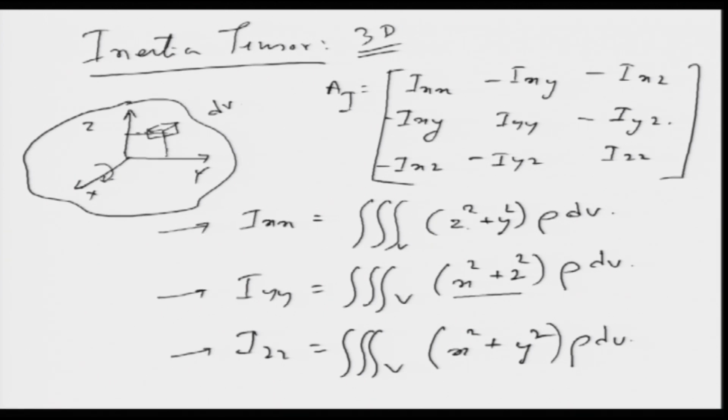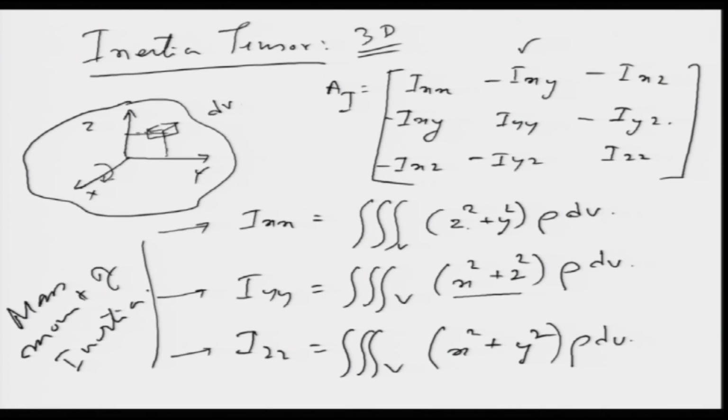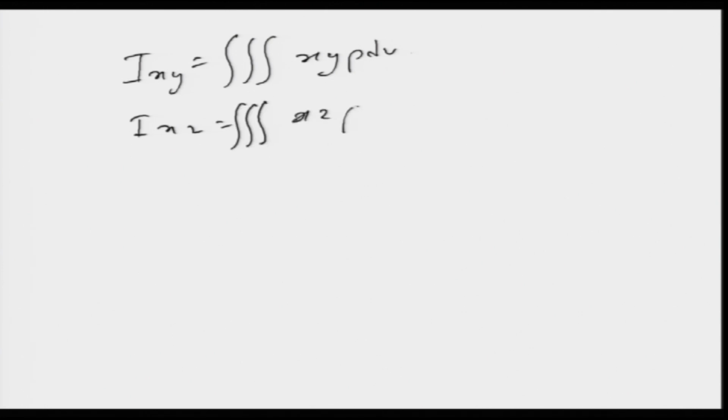Now, if it is rotating about any other axis, that is what we mean by this. These 3 terms are called the mass moments of inertia, and the remaining 6 terms are called the mass products of inertia. How do we define them? I xy is equal to the integral of xy rho dV, I xz is equal to the triple integral of xz rho dV, and I yz is equal to the integral of yz rho dV.